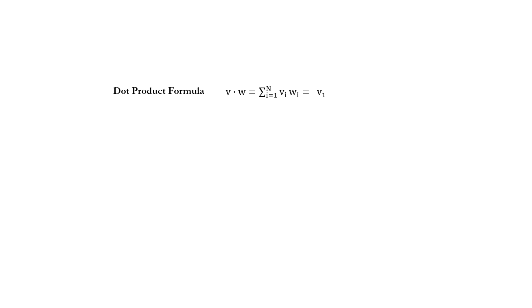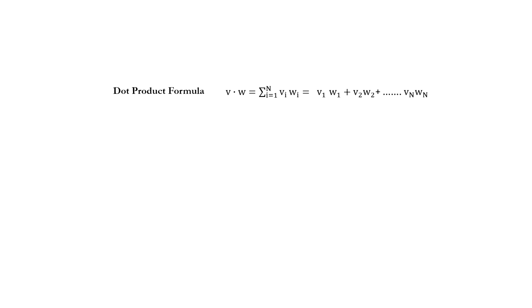So let me first talk about the dot product. So here's the dot product, v times w, and you could see that we could put a summation symbol on it and have it go from i equals 1 to n.